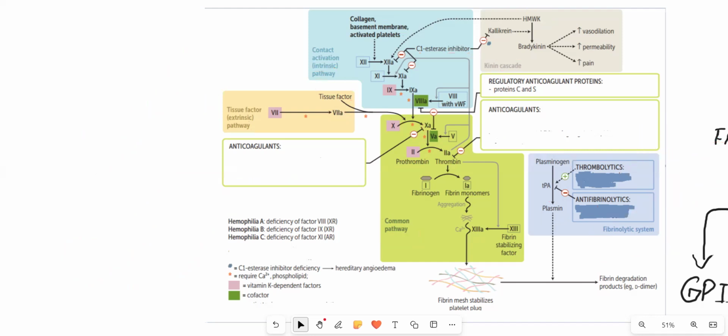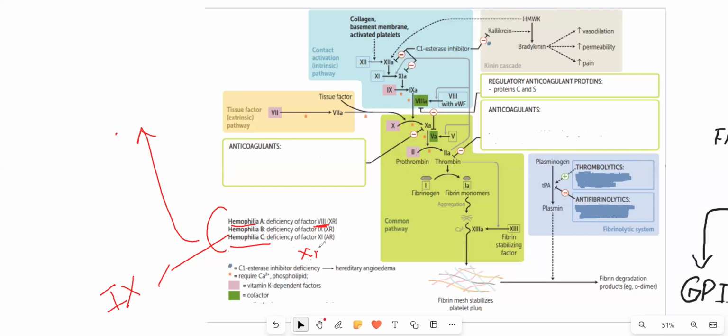Okay, now I'm moving to some high yield pathology that is linked with this coagulation pathway. The hemophilias. Hemophilias are basically the deficiency of certain clotting factors, like hemophilia A, where factor 8 is deficient, while in hemophilia B factor 9 is deficient, while in hemophilia C factor 11 is deficient.